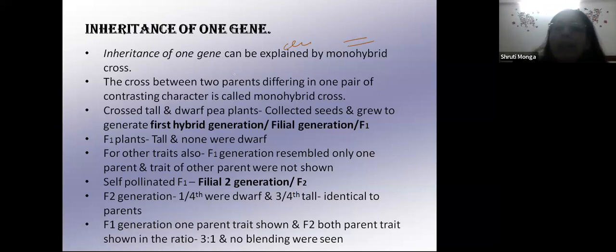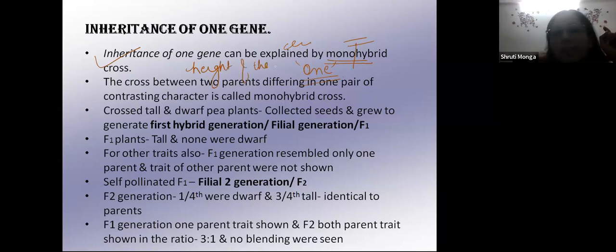So inheritance of one gene can be explained by monohybrid cross. Mono means one. That means Mendel conducted an experiment to study the inheritance of one character. And what was that one character? That one character was the height of the plant.